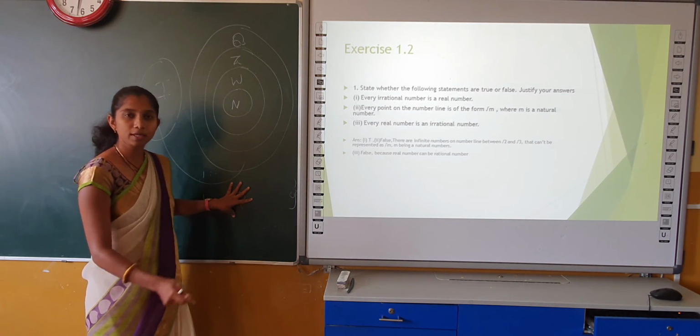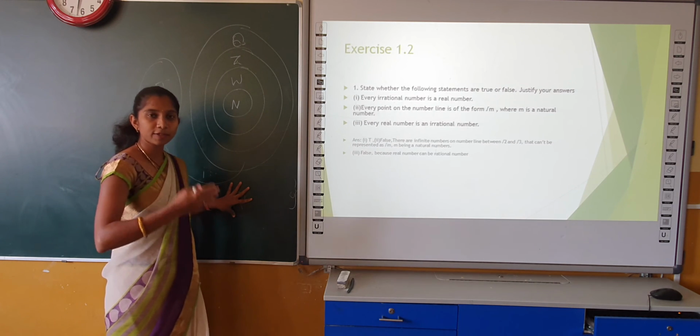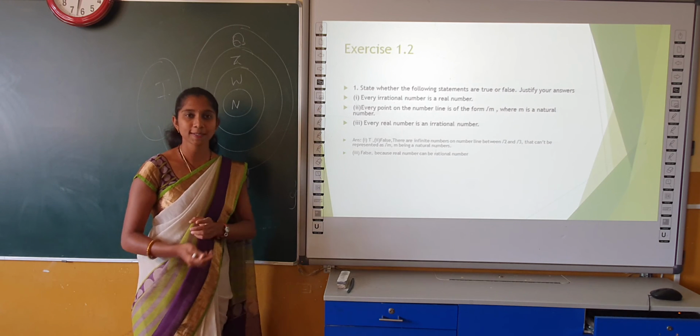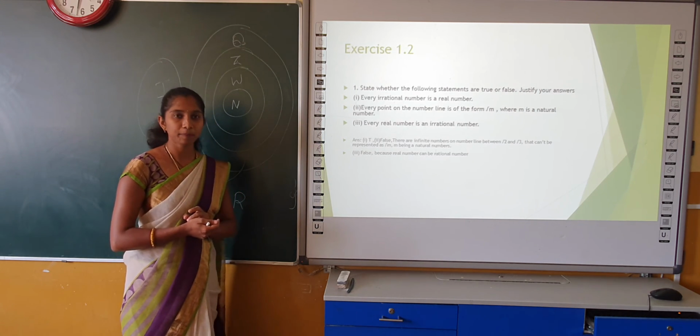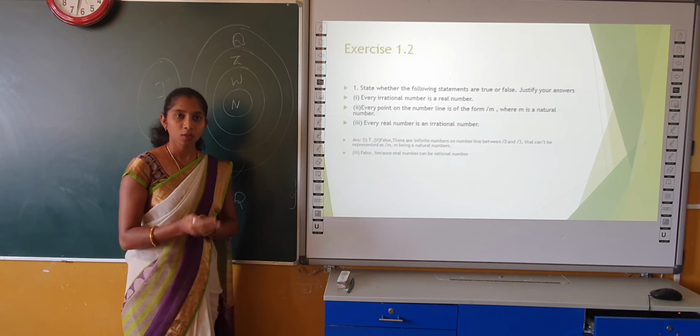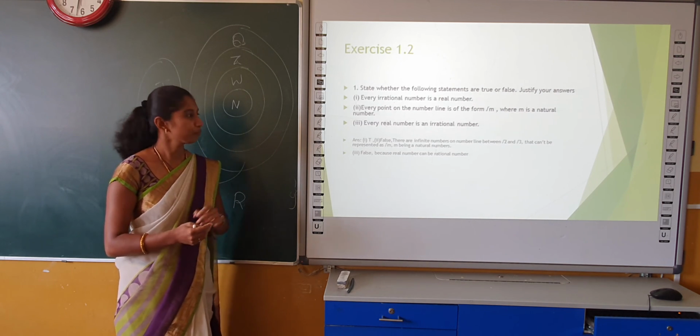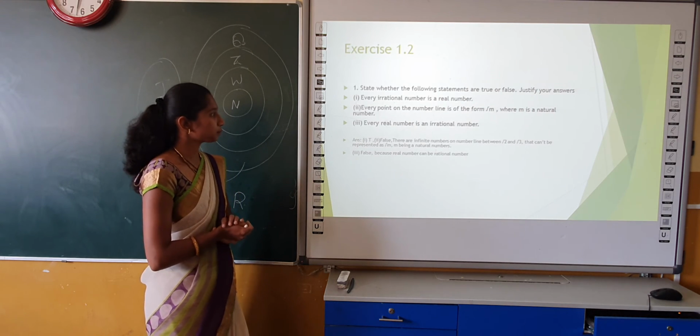Yes, real number is a combination of rational number and irrational number, so the statement is true. For example, root 2 is an irrational number and obviously it is a real number.